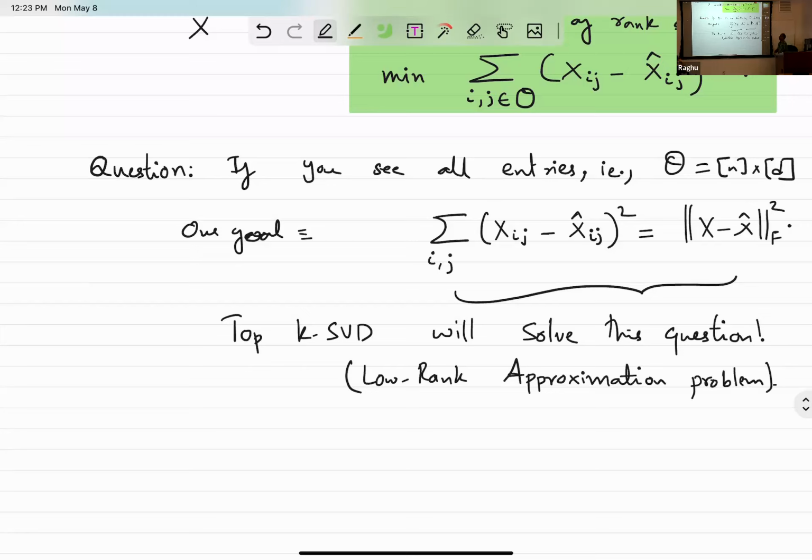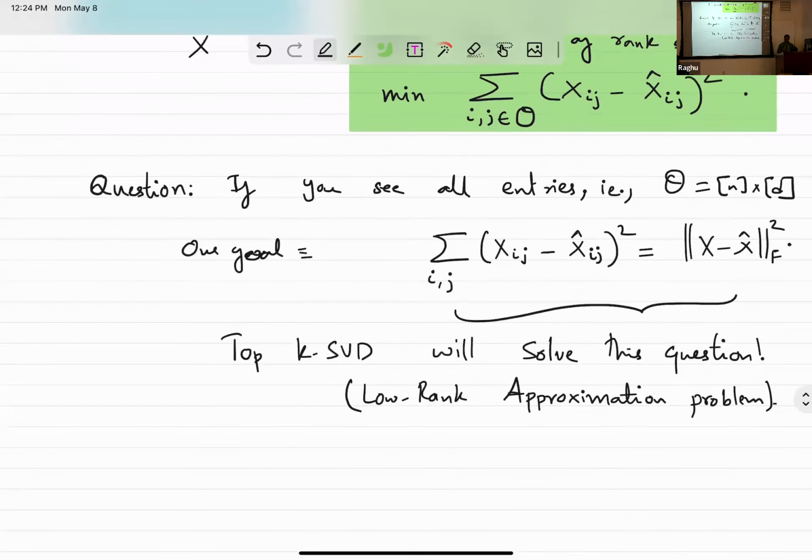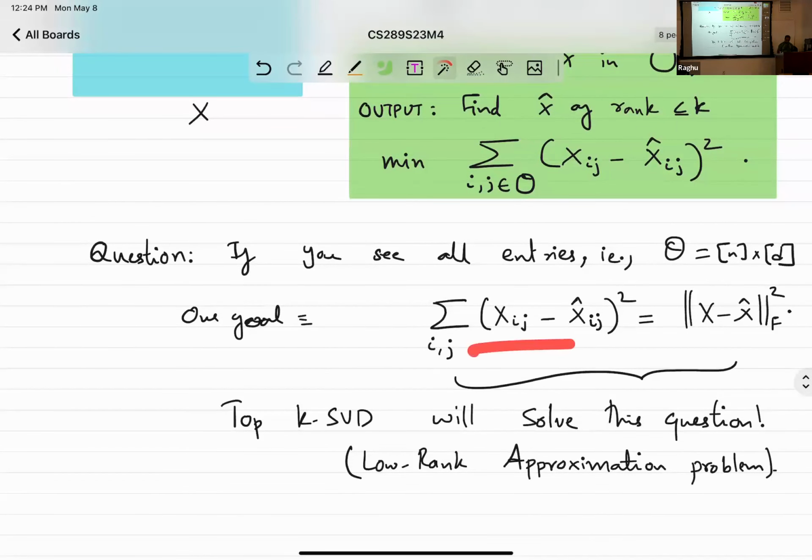Okay, this is exactly the low rank approximation problem that we discussed earlier. Okay, but we don't see everything. I mean, that's the whole point, right? You have a subset of the entries, but is it really that different from knowing all of the entries? What do you think? How much do you think the problem would change? Minimizing the error over all of the possible entries versus some observed entries? Yeah. Quite a bit. You get a lot of degrees of freedom now. Right. Exactly. You don't have constraint on everything.